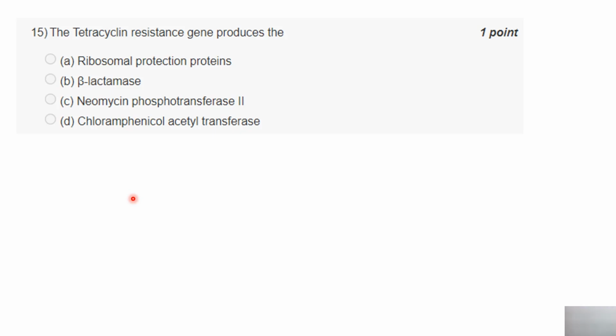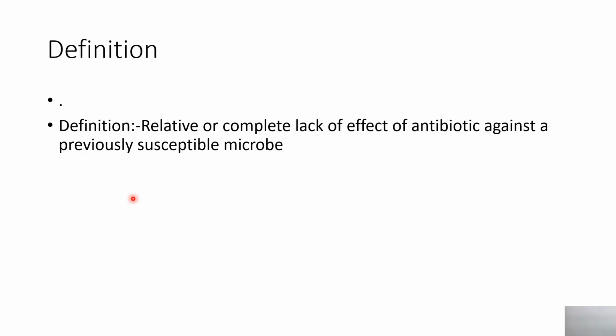Option A, ribosomal protection proteins. Okay. Anybody else? Any other answer? Okay. So the answer is correct. It's ribosomal protection proteins.